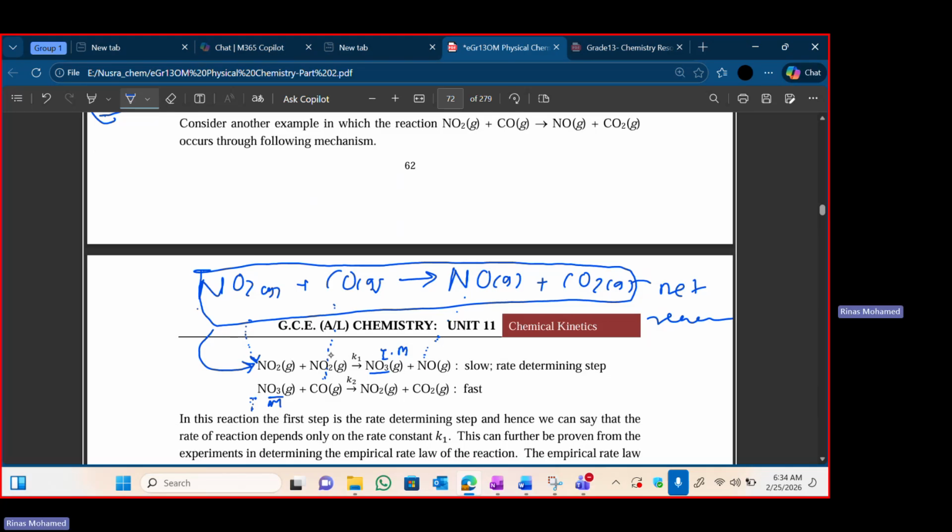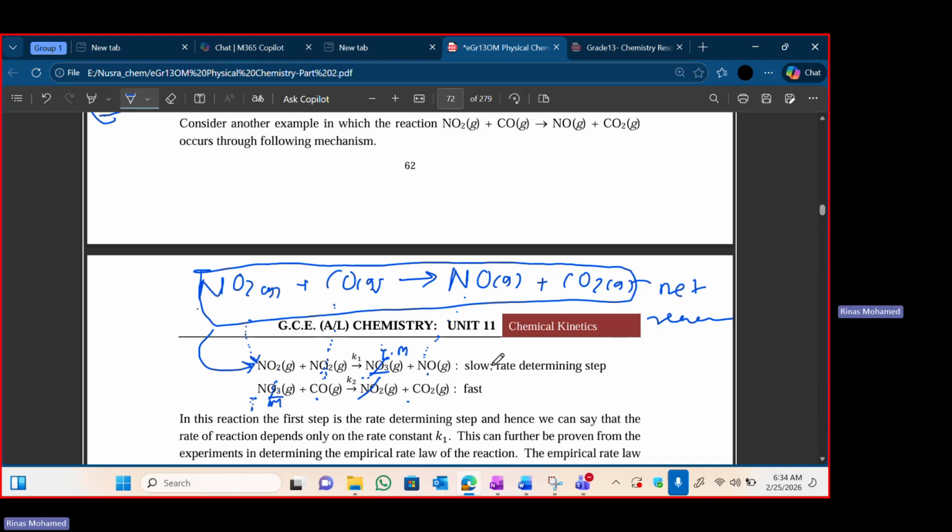Then on these two sides, one NO2 is coming, so we can cancel this one, right? And NO3 also will cancel, and overall you can find the reaction NO2 plus CO gives NO plus CO2, right?